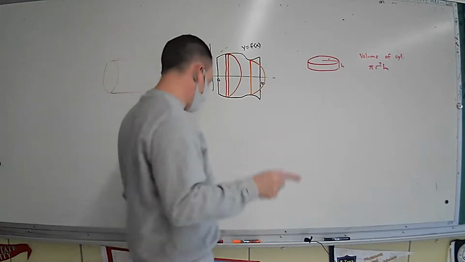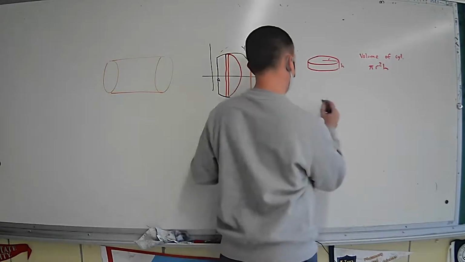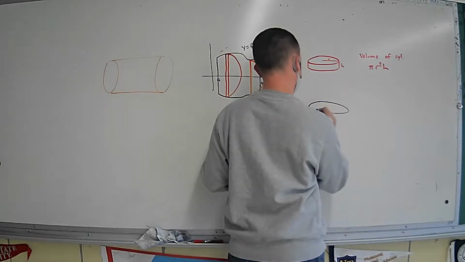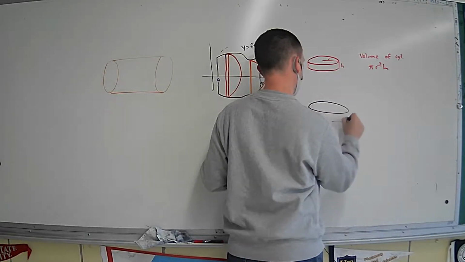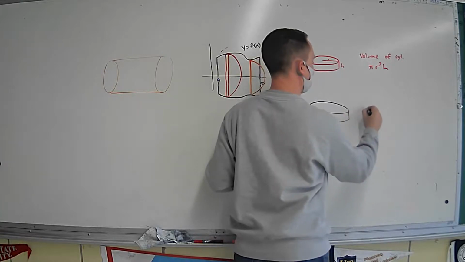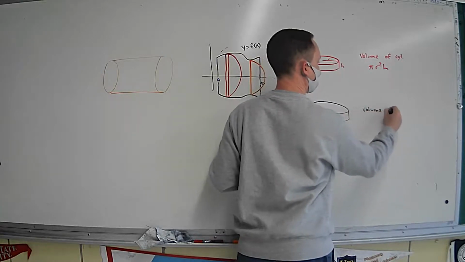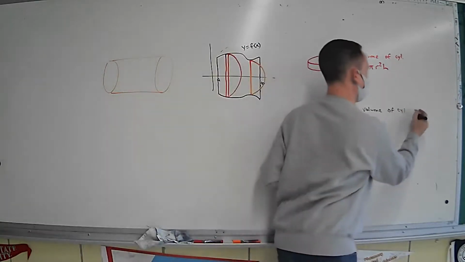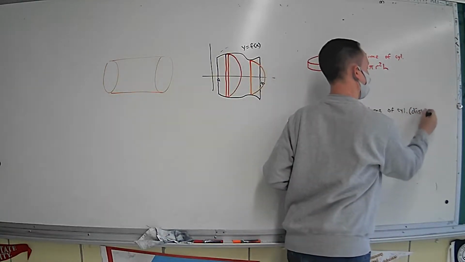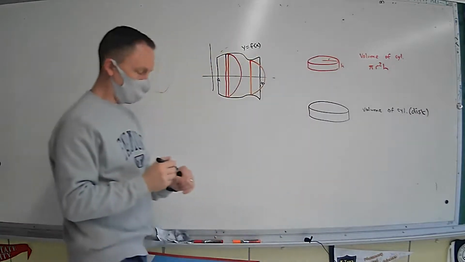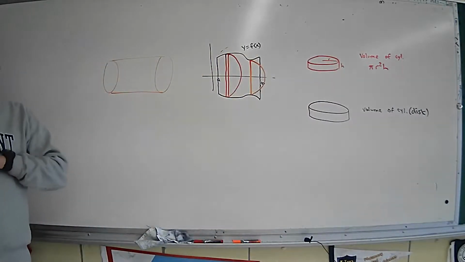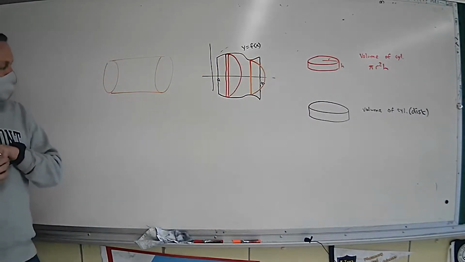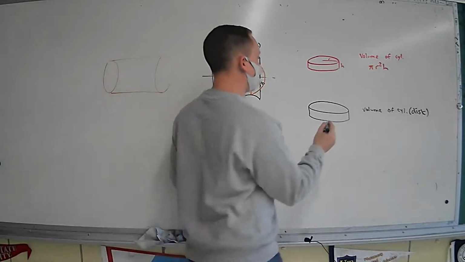Okay, so let's do that. If I draw another one, and I'm going to say, instead of calling it a cylinder, I'm going to call it a disc. What is going to be the volume of one of these cylinders?